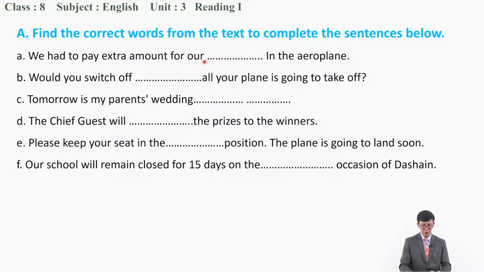Very good. So we had to pay an extra amount for our baggage. Yes, we had to pay extra money for our baggage in the airplane. If you are traveling, then you have to pay extra charge, money, in the airplane for our baggage.